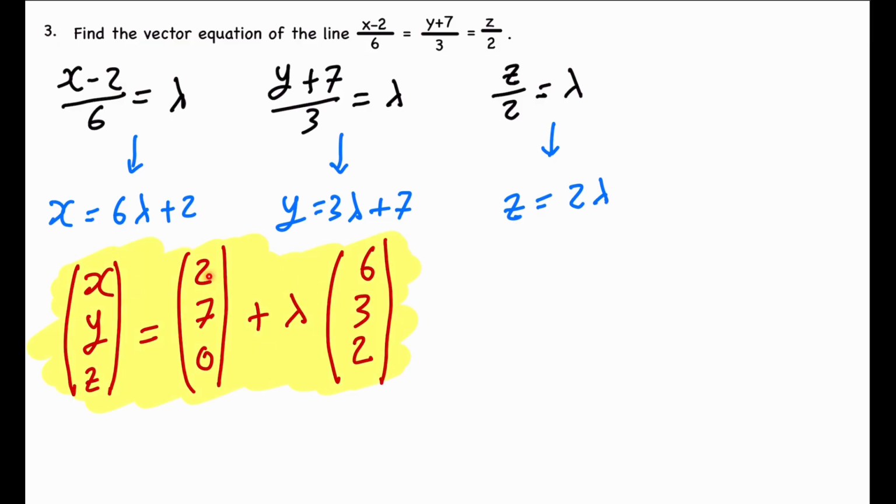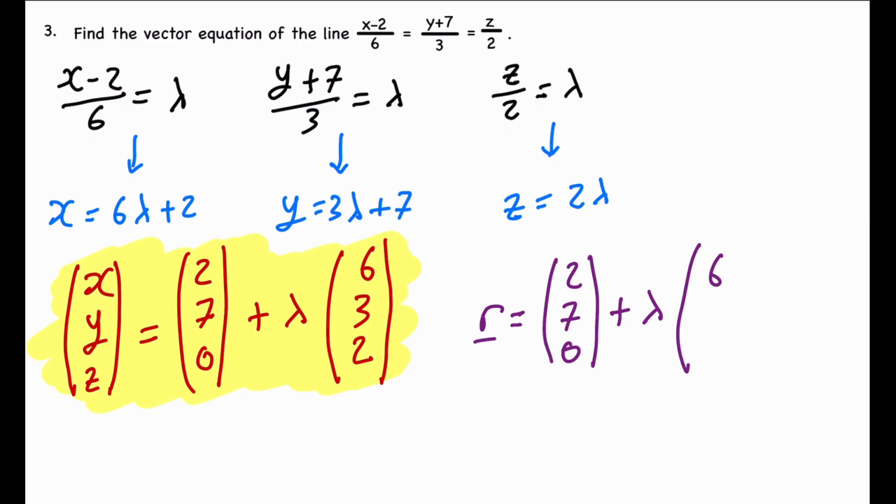And this is the vector equation of the line, which we can write finally as r is equal to (2, 7, 0) plus lambda (6, 3, 2). Just make sure to leave it in terms of r like that. And this is the answer to the question.